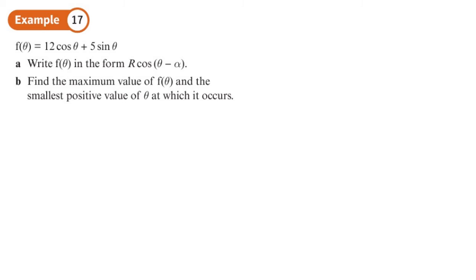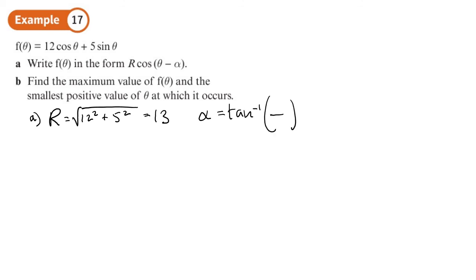Okay, there's another one here. So pretty much same type of thing. So let's start by working out r. Square root of 12 squared plus 5 squared, 13. Let's work out alpha, which is going to be the tan inverse of something over something. I'm doing the expansion for cos.